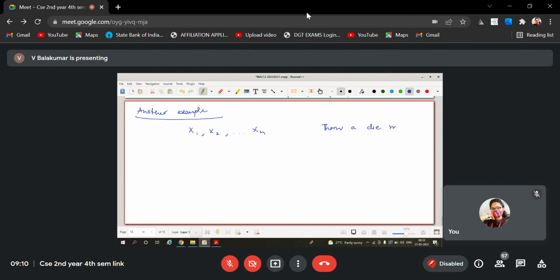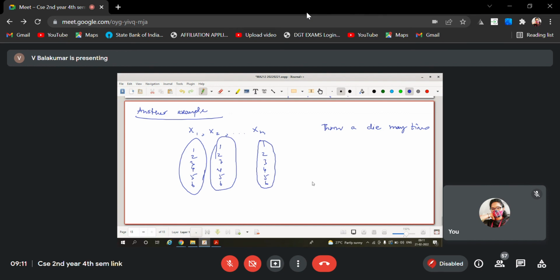Throw a die many times. Then this can take these values. Not only that, this also can take these values. Not only one possible value. This can take these values. Now I'm going to compute capital X as usual.